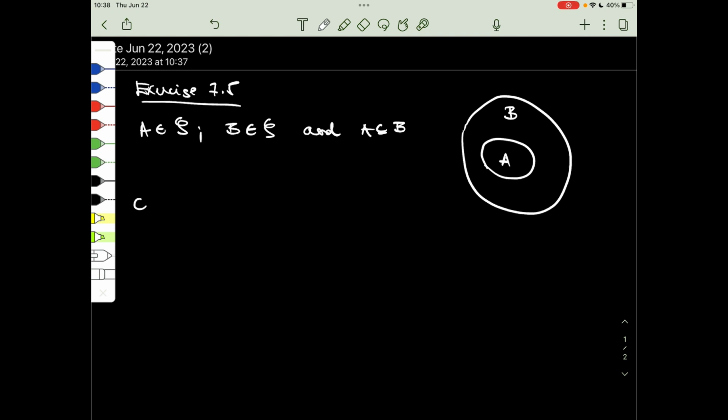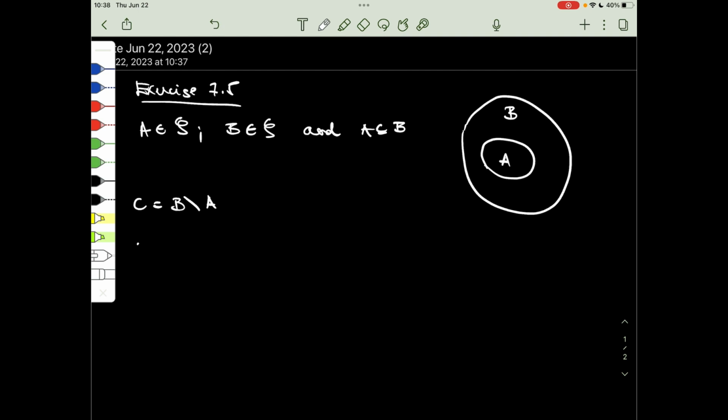And to solve this problem, we can introduce a new set as the difference between B and A, thanks to which we have some very favorable consequences.